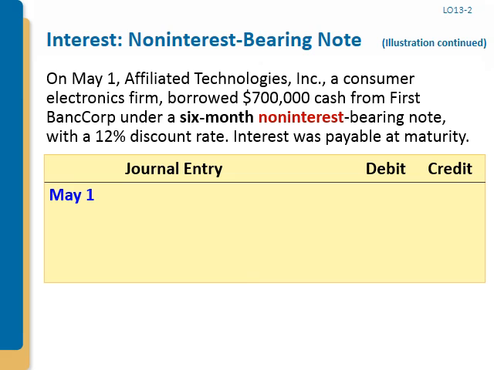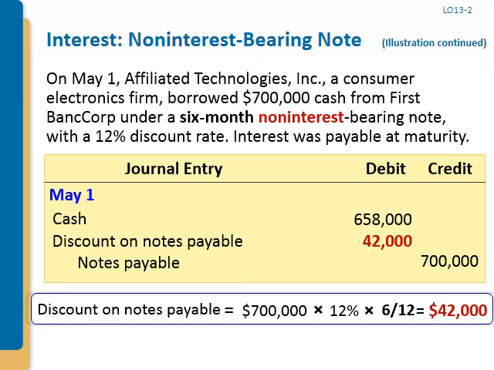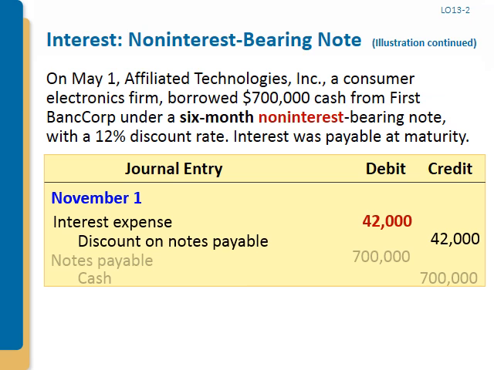In that case, the $42,000 would be discounted at the outset rather than explicitly stated as shown in this illustration. On November 1st, Affiliated pays $700,000 of cash, recognizes interest expense of $42,000, and reduces the notes and discount on the notes payable to zero.